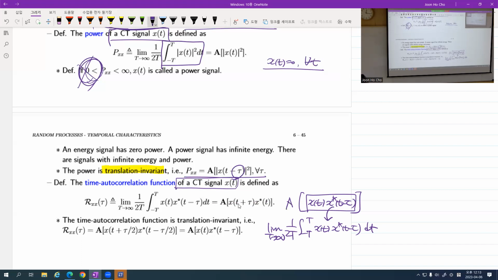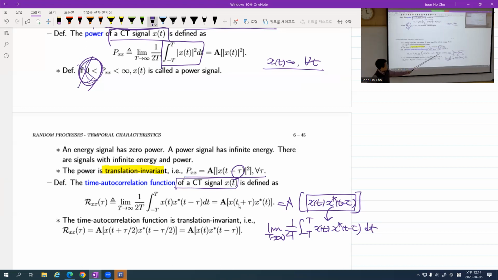Why? Translation invariance. Suppose you delay x by tau. This becomes t, and this becomes t minus tau. So when you write the time average of x of t plus tau times x conjugate of t, you subtract the argument. If the differences between the arguments are the same, they give the same time average.